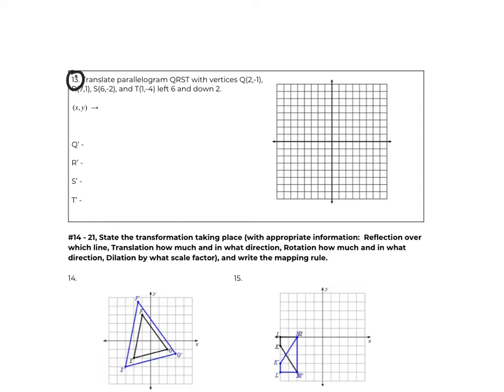So I'm going to start off with just the mapping rule. So if you do not know this yet, please write it down. So x values are affected by left, which is negative, or right, which is positive.